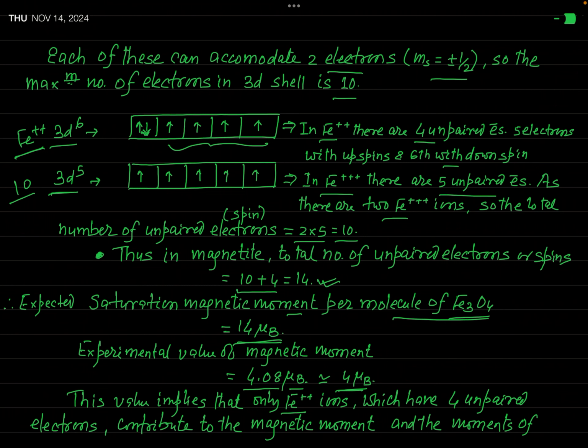It means there is no contribution of the spin of the Fe triple plus ions to the saturation magnetic moment of this Fe3O4. So how can you say that only the unpaired spin of Fe double plus contributes to the magnetic moment of this magnetite, not the unpaired spin of Fe triple plus?